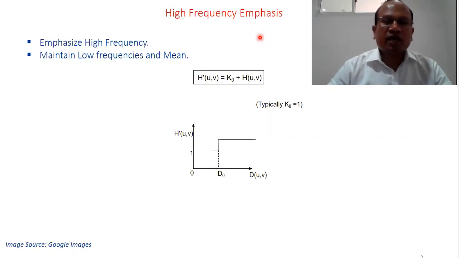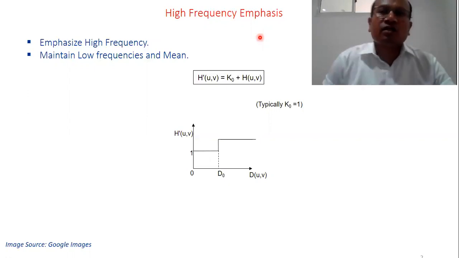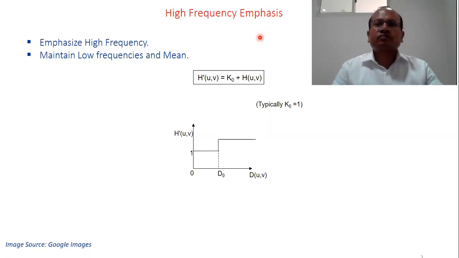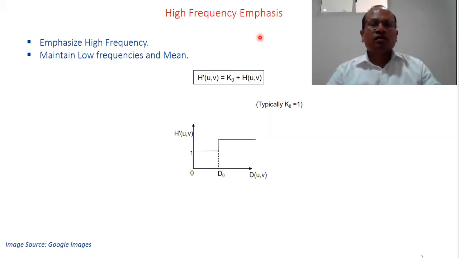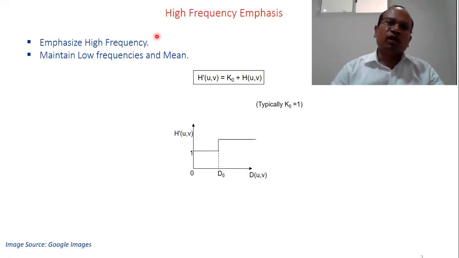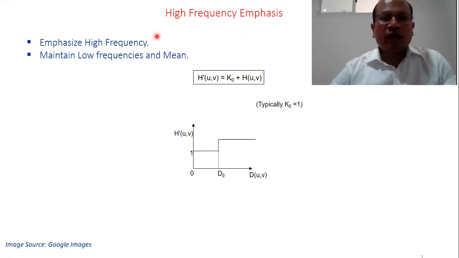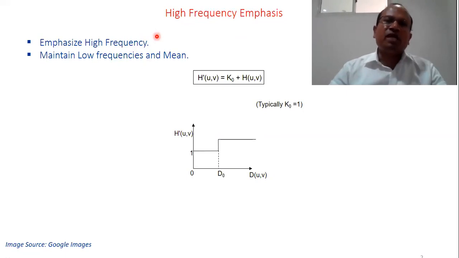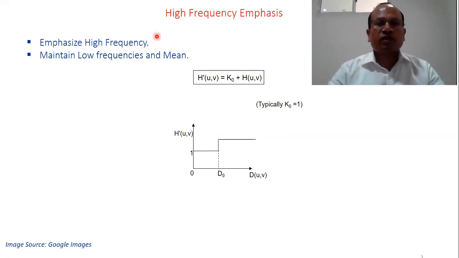And similarly for high pass also, all the three types we have studied. And this is another method in which the high frequency signal is only emphasized, along with maintaining low frequency and mean values.